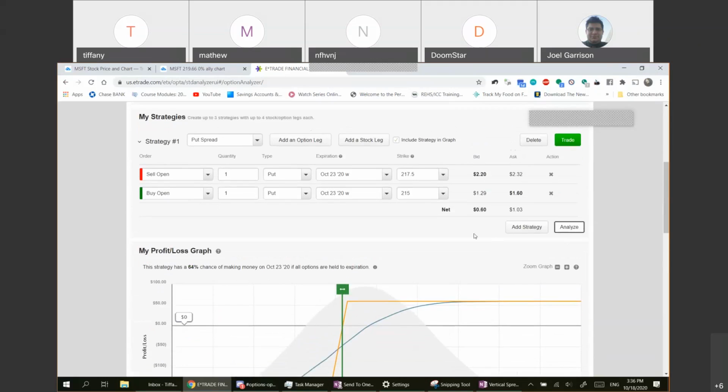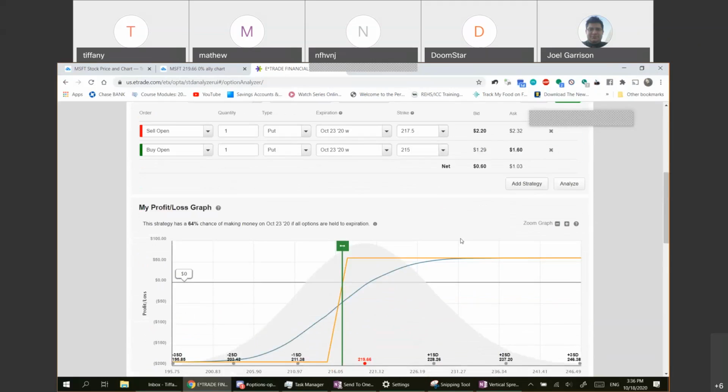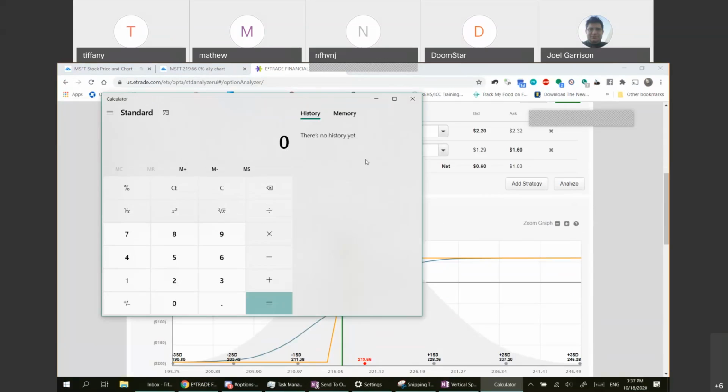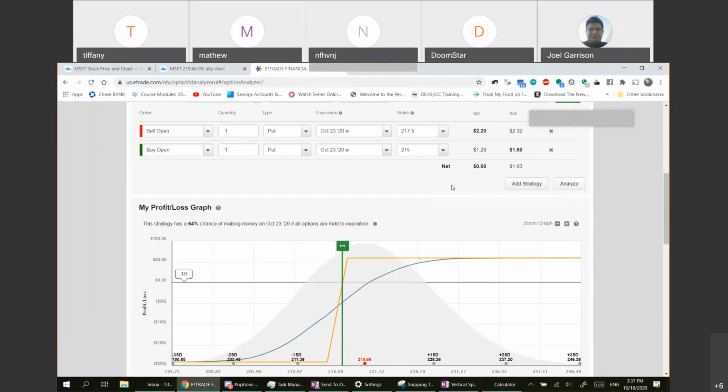In this case, with the risk that we're taking on, if I do the math, this one is about 250. So 250 minus 60, you're offering $190 of collateral to collect $60. And if you think about that, beta will work with you, not against you.